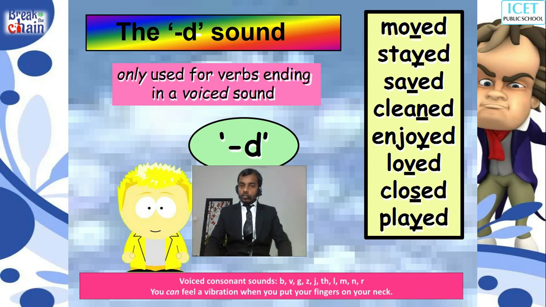So in order to make a stylish pronunciation, don't say move it, no need. Saved, cleaned, enjoyed, like that. Last d sound, only d. Not it, only d sound we will pronounce.